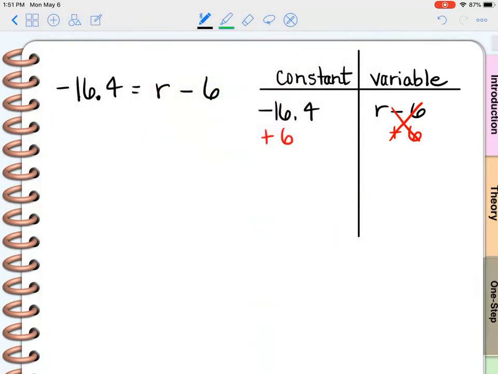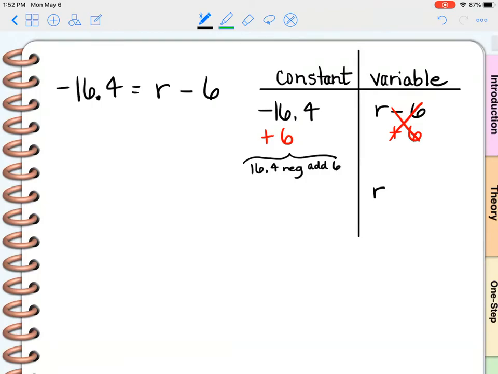And we're left with our variable. And this is negative 16.4, sorry, I need to make sure I'm making this clear where that's coming from. Then add 6.